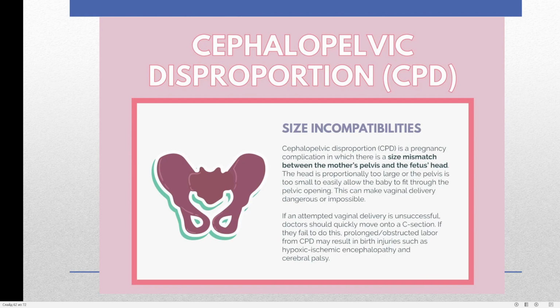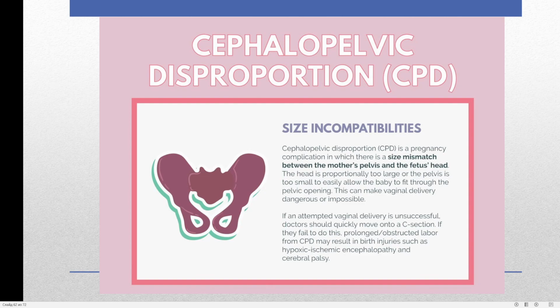I repeat again, cephalopelvic disproportion is a pregnancy complication in which there is a size mismatch between the mother's pelvis and the fetal head. The head is proportionally too large, or the pelvis is too small to easily allow the baby to fit through the pelvic opening. This can make vaginal delivery dangerous or impossible.